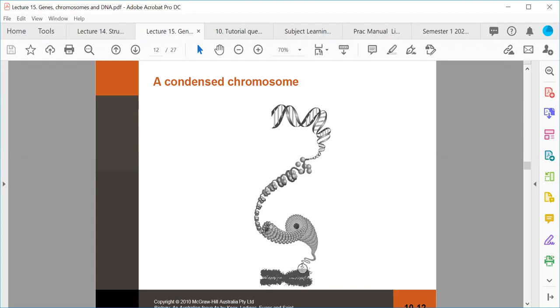Okay, the nucleosomes now wind even further, and you can see how condensed the DNA becomes as it forms an actual linear chromosome. So this is one chromosome here, and the chromosome has replicated to form a copy of itself. There we go. They're linked together. They're still joined together. They haven't separated yet.